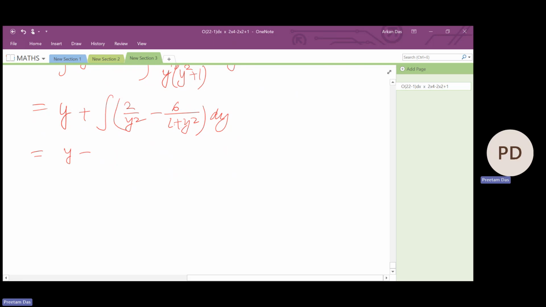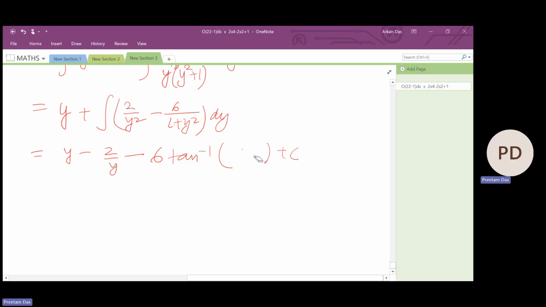So y minus 2 over y minus 6 tan inverse 1 plus y square, sin x.